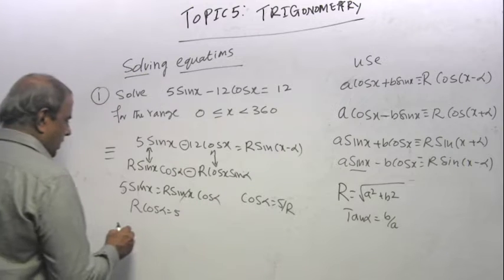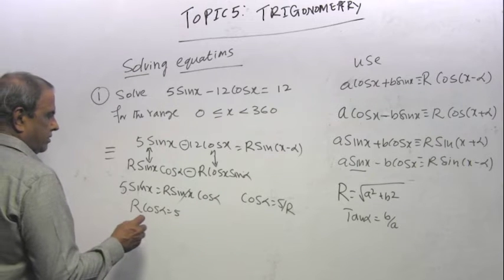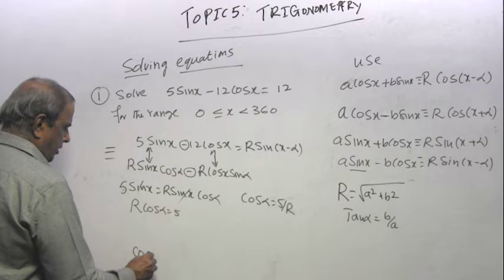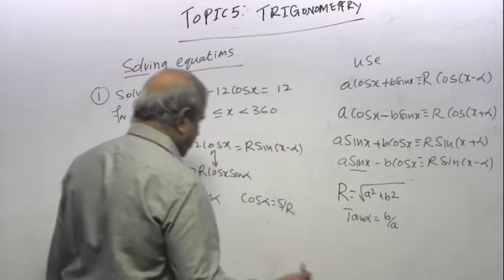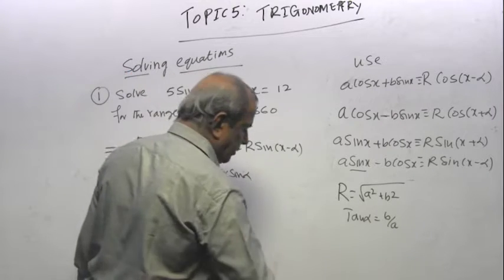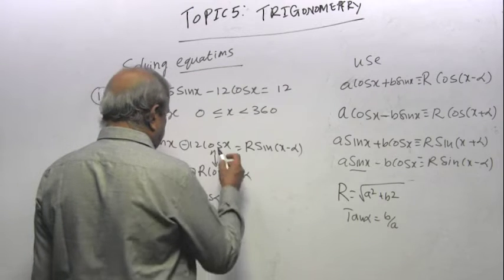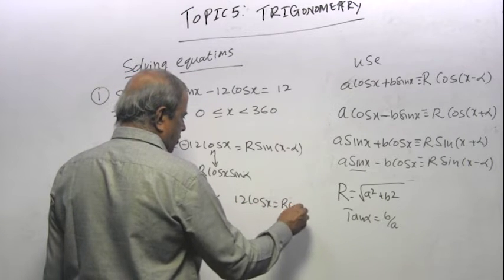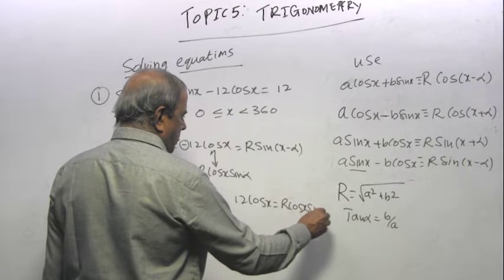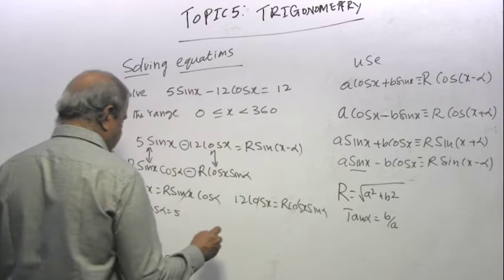Similarly, 12 cos x equal to r cos x sin alpha. Cos x and cos x cancel.